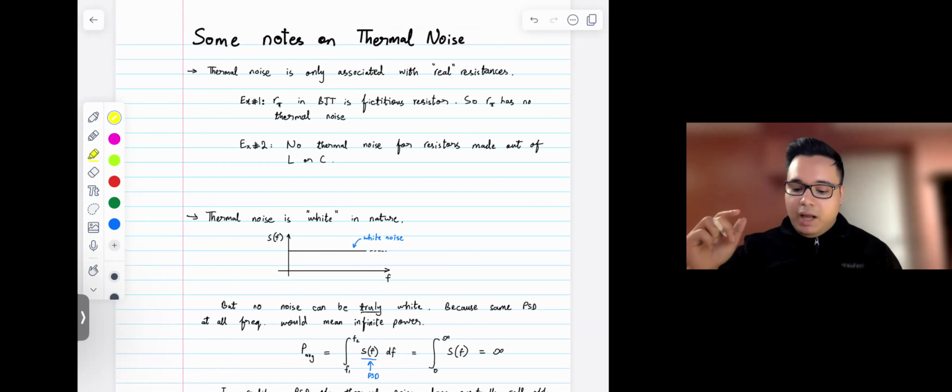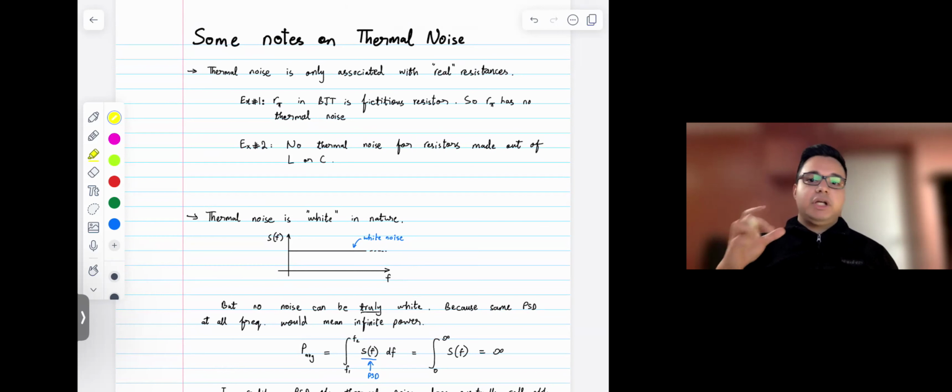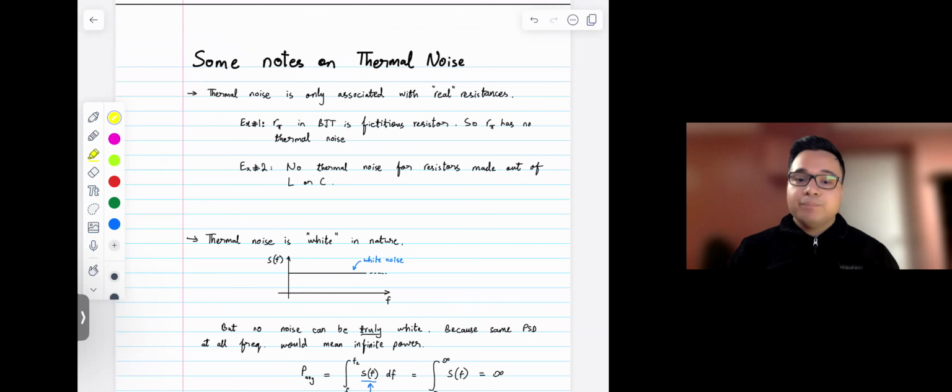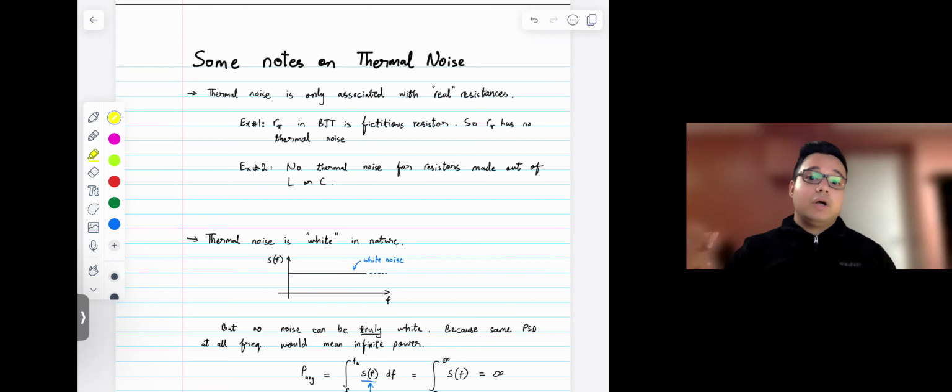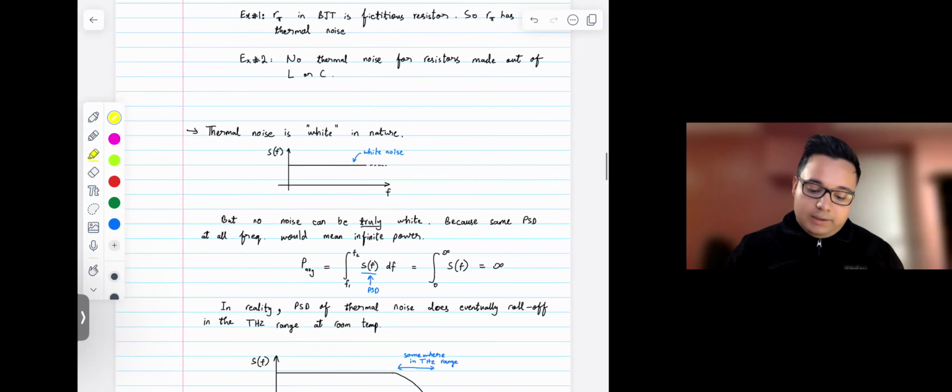So would this r pi resistance generate thermal noise? No, because it's not a real resistance, right? It's a fictitious resistor that we have used for modeling purposes. Another example would be, you can make resistors out of inductors and capacitors, but those are not real resistors either. And so, do those resistors exhibit thermal noise? No, right? And so, that was the first thing.